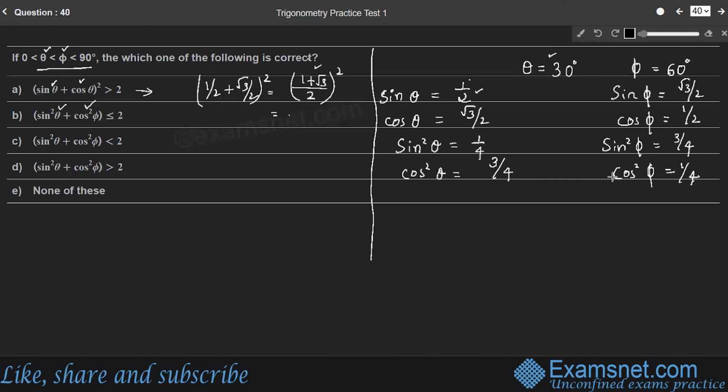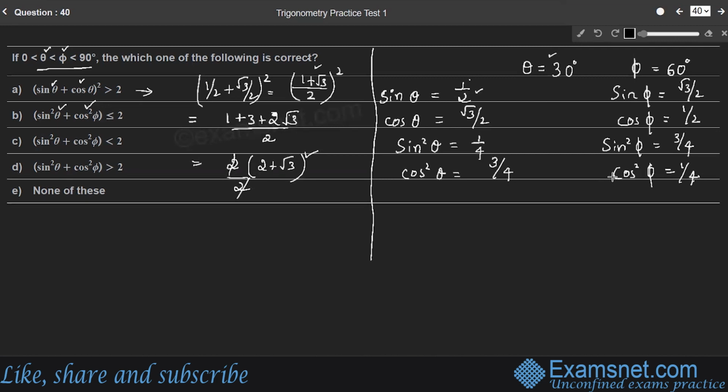Here the numerator is in the form of a plus b the whole square, so you will have 1 plus 3 plus 2 root 3, which is 4 plus 2 root 3, by 2. When 2 is taken out it becomes 2 plus root 3 by 2, and 2 and 2 cancel. So you get 2 plus root 3 as the answer.